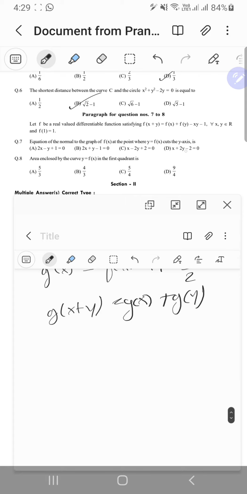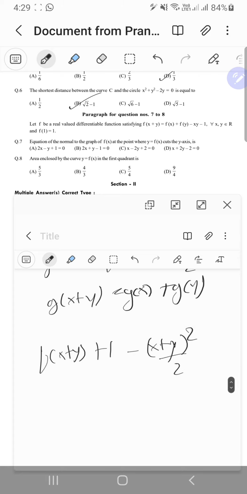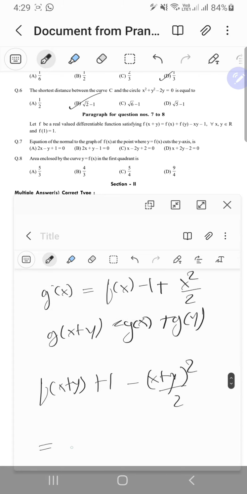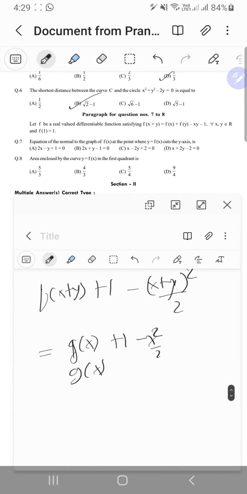Think about it, just doing this substitution, what do you have? f of x equal to 1 minus x squared by 2 plus g of x. So f of x plus y plus 1 minus x plus y squared upon 2 equals, now instead of f of x, I'll put this complete thing, g of x plus 1 minus x squared by 2. Similarly g of y plus 1 minus y squared by 2.